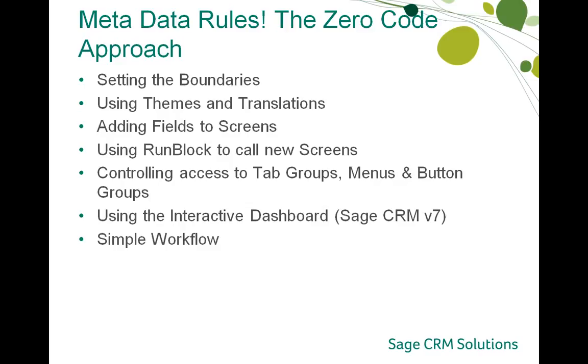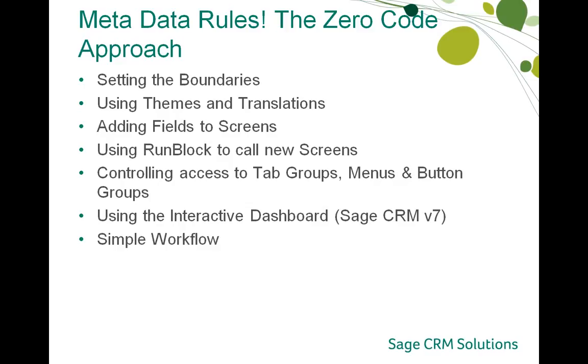We're going to discuss the concepts of things like translations and themes and being able to change captions, and looking at ways in which we can bring in prompts according to particular business rules, and we'll look at the way in which we can carry out very simple customizations by adding fields to screens, to be able to not only add fields to screens, but to be able to create new screens or to create new listings in new places using features such as Rum Block as well.